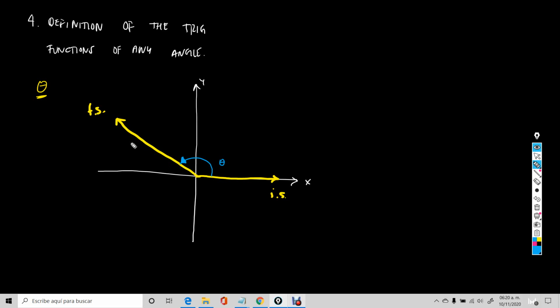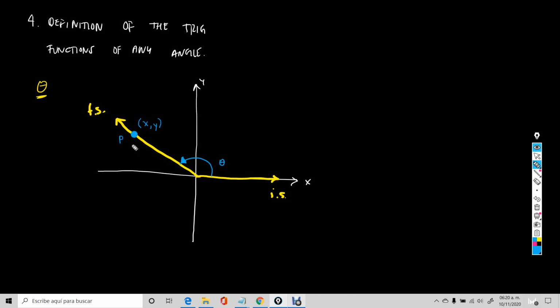You look at the terminal side and you just place a point right there. Now this point has obviously two coordinates, its x coordinate and its y coordinate. That's also very simple to understand. And this point, let me call it point P.